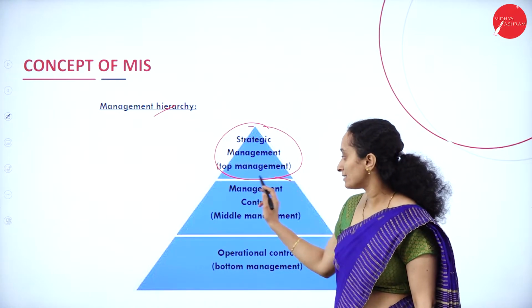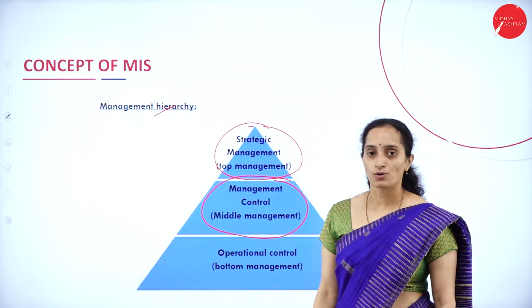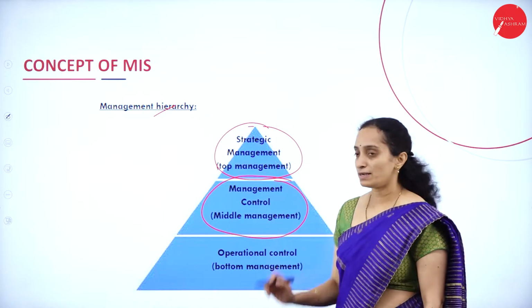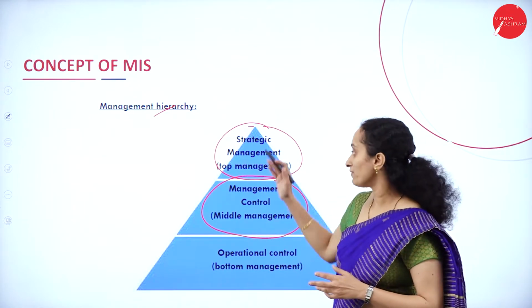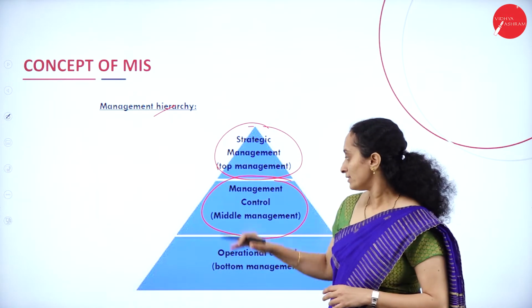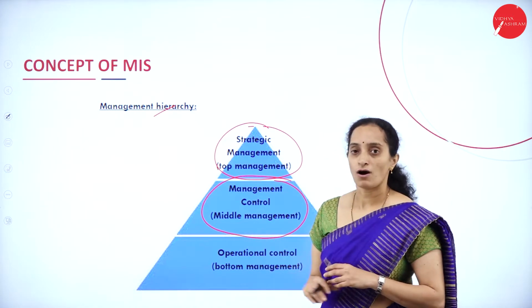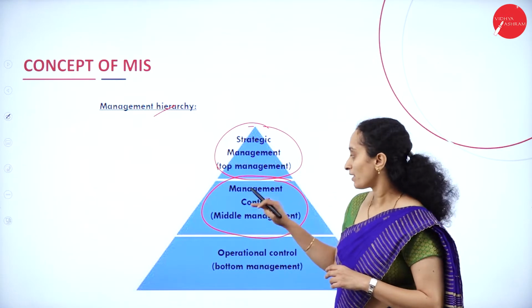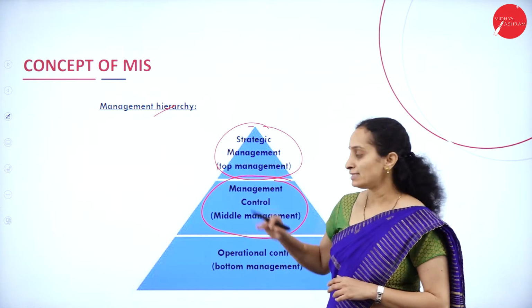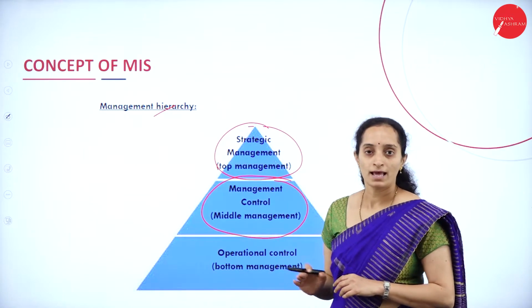Once the strategy is decided, the next level of management is the control management, or management control, the middle management. The middle management is like an intermediary between the top level management and the operational control. These are the ones who control the task of the next level or bottom level management. They will be the intermediary in getting the strategies done by the bottom level management and other normal employees.